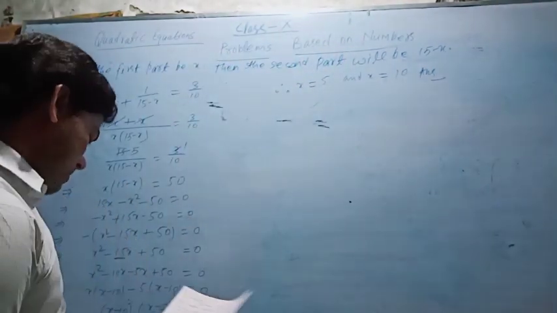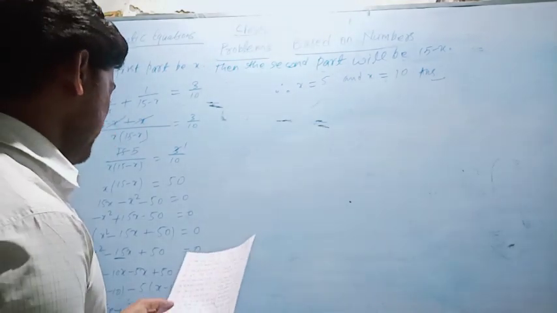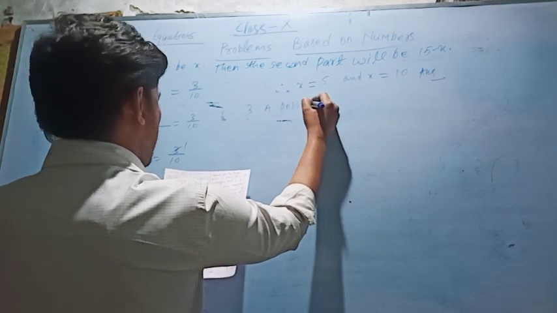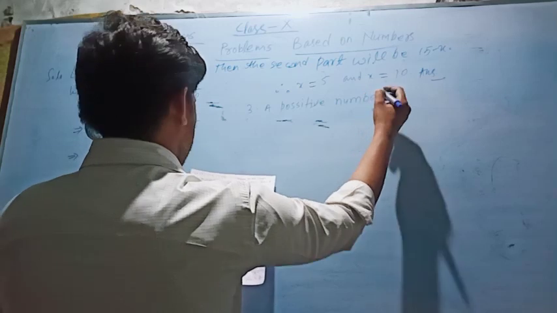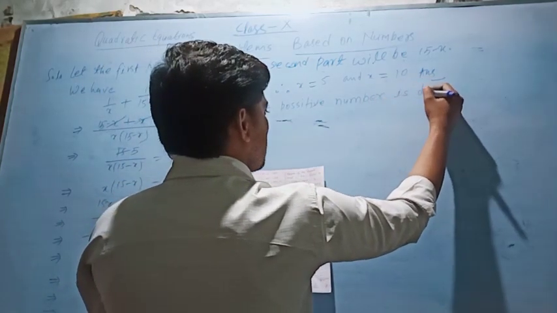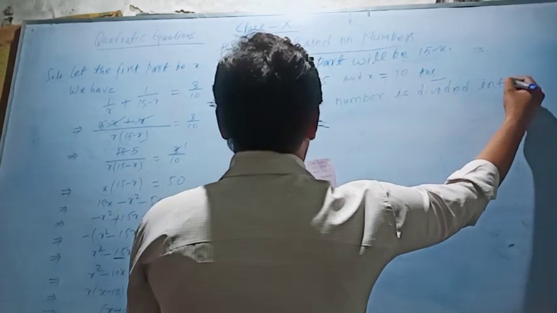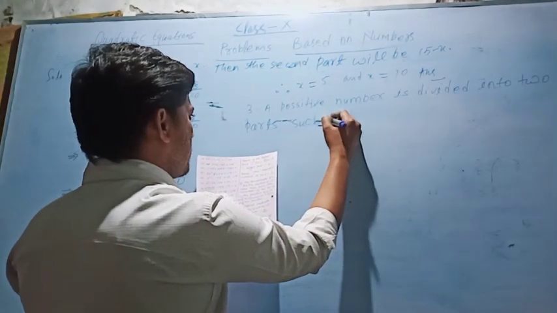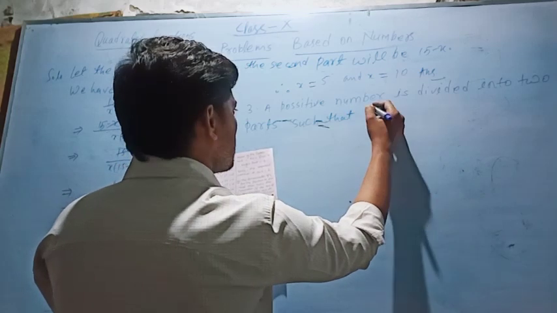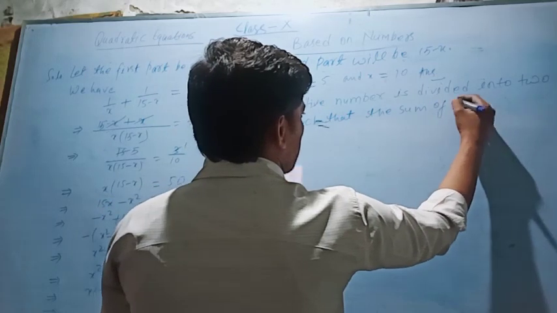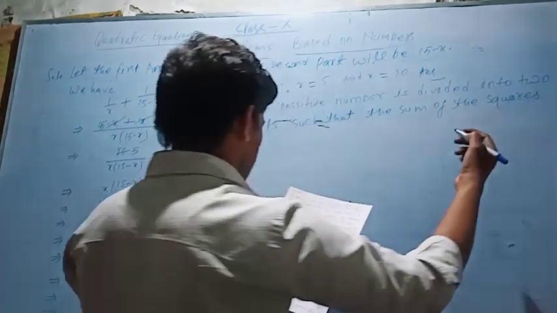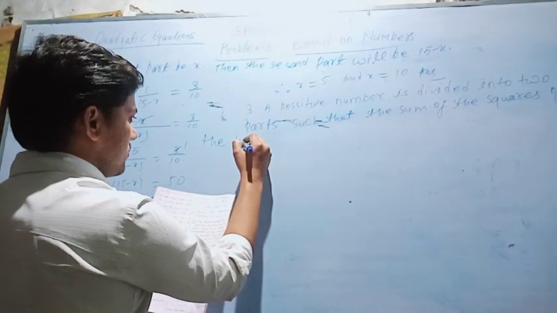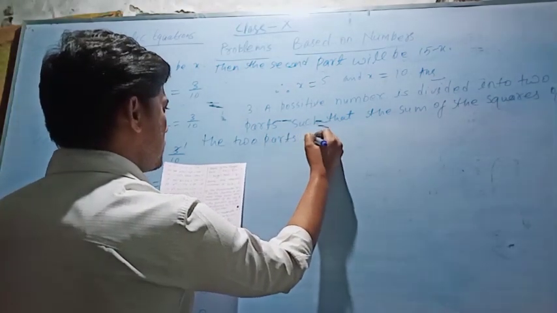Third number question is: a positive number is divided into two parts such that the sum of the squares of two parts is 20.